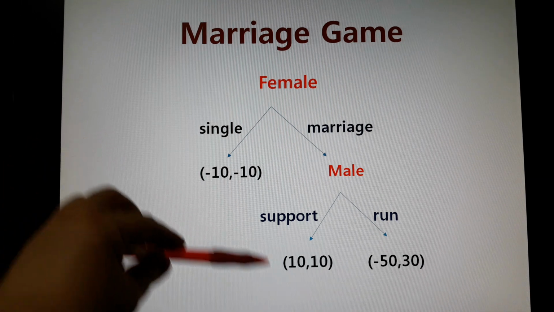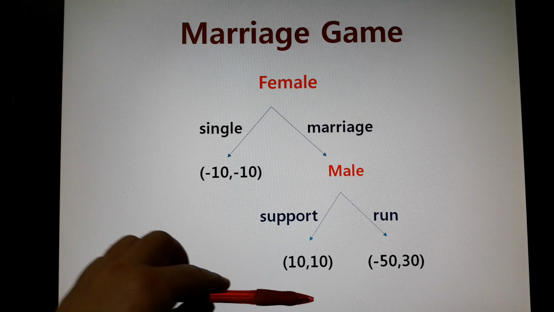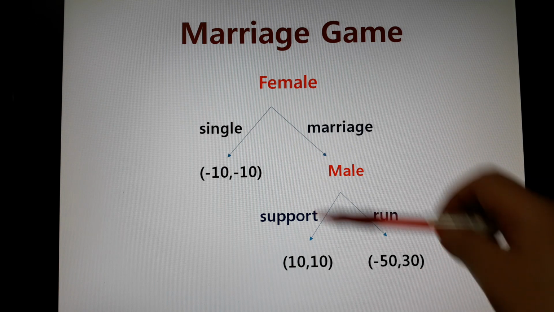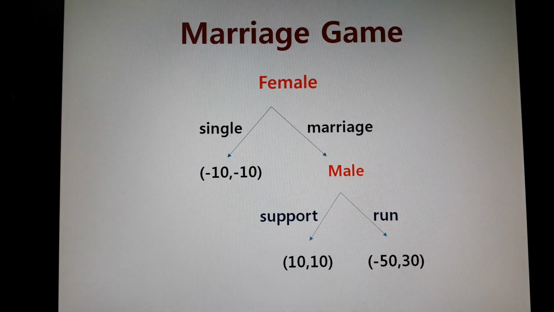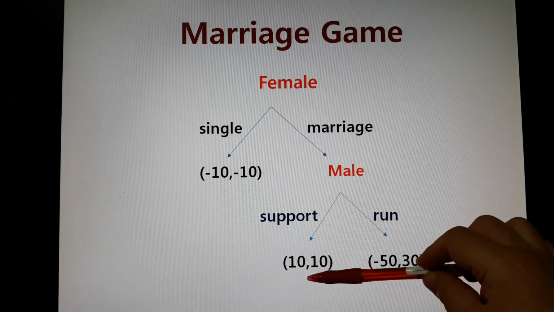What is important in this assumption is that both female and male get happier than before by getting married. So if you look at just these two numbers, there is no reason for the female and male not to get married.